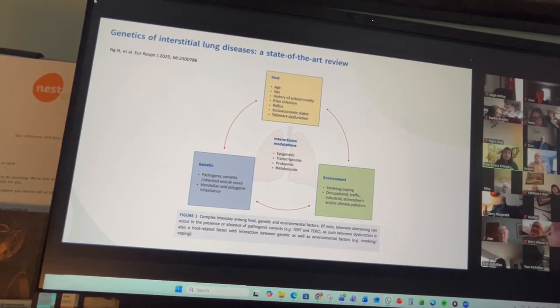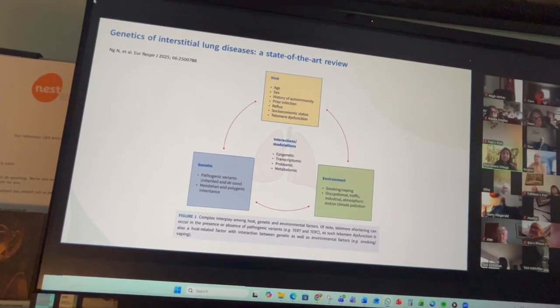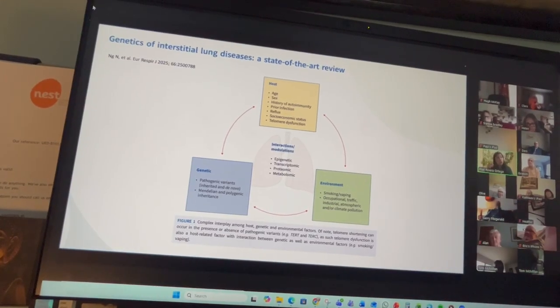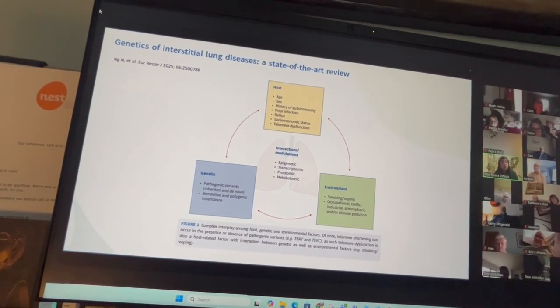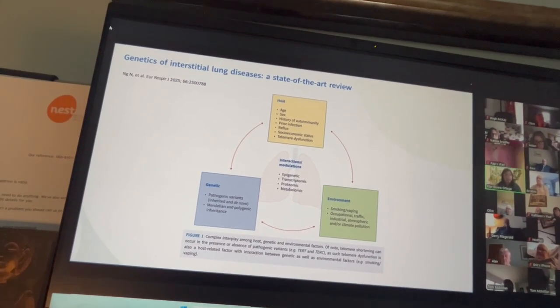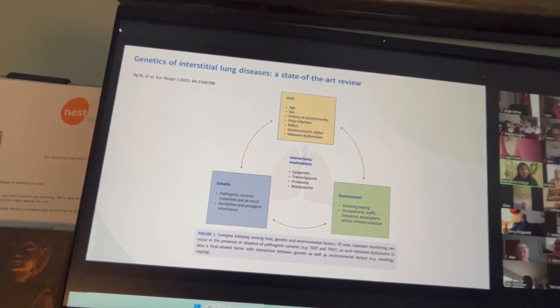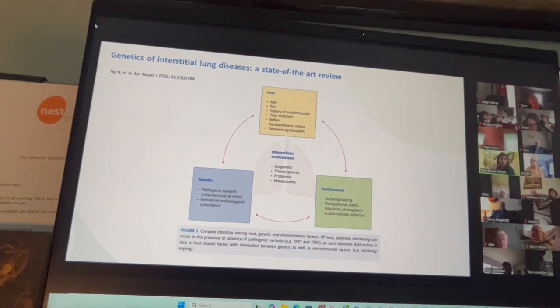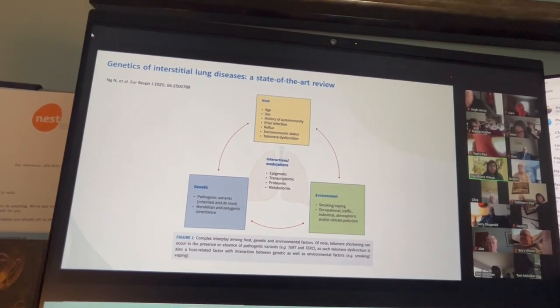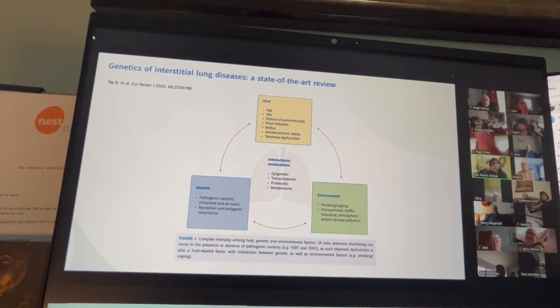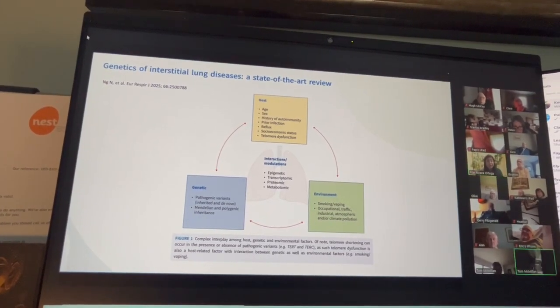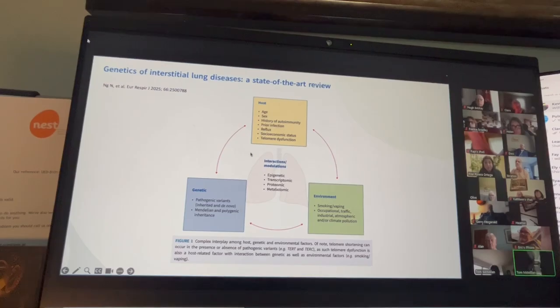So sometimes this infection, whether bacterial, viral, fungal, or all together, can be the trigger to change the behavior or the natural history of the disease, and that could be dangerous.